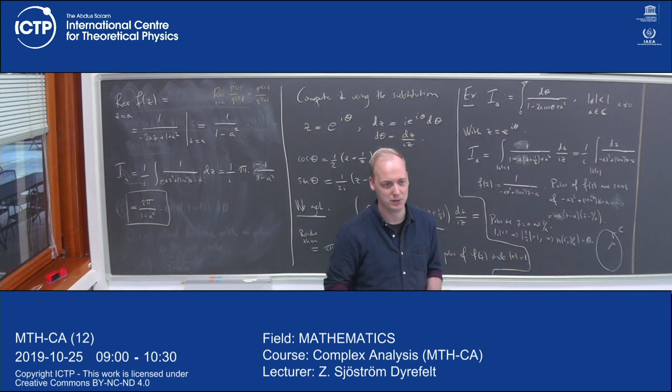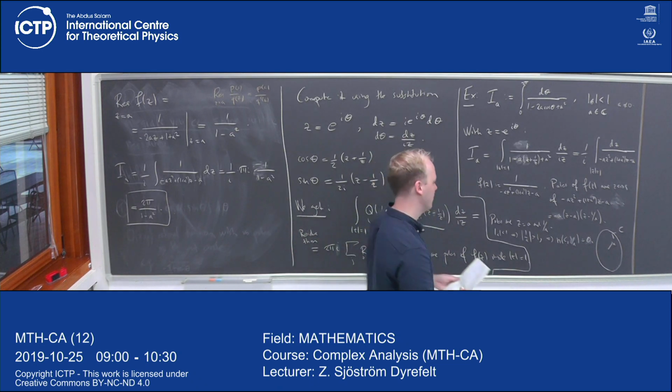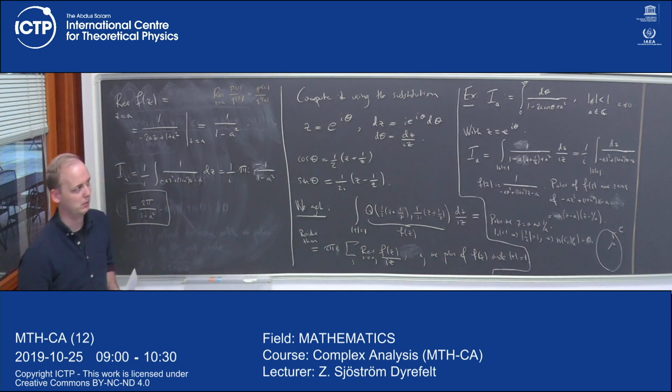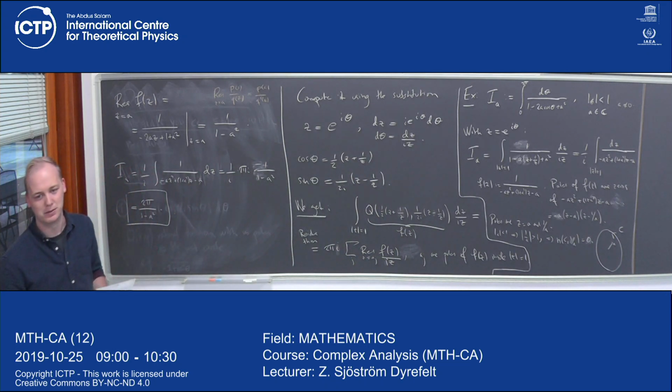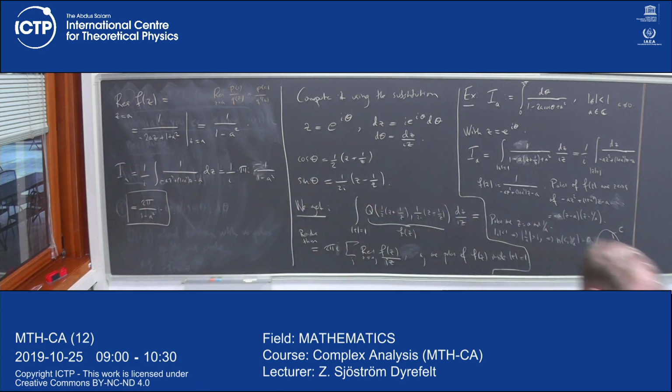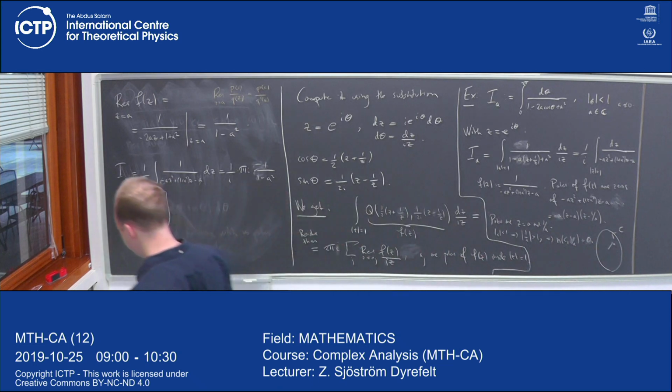So if you get an integral from 0 to pi, you can often rewrite it as an integral from 0 to 2 pi, if you want to, and apply this method on the circle. I mean, there's no absolute law, of course, that you have to follow these methods. It's just a suggestion. But anything that works, basically.